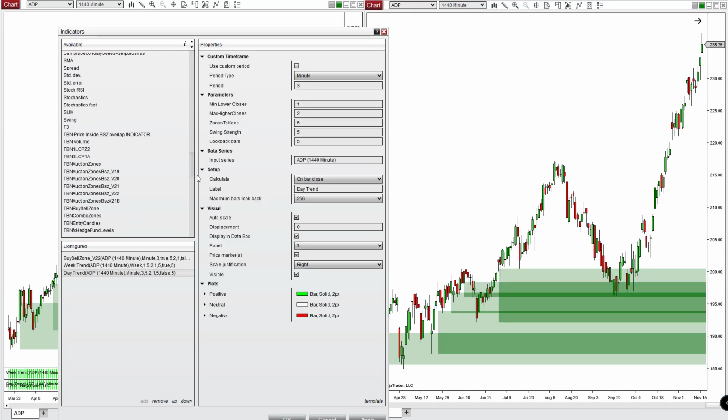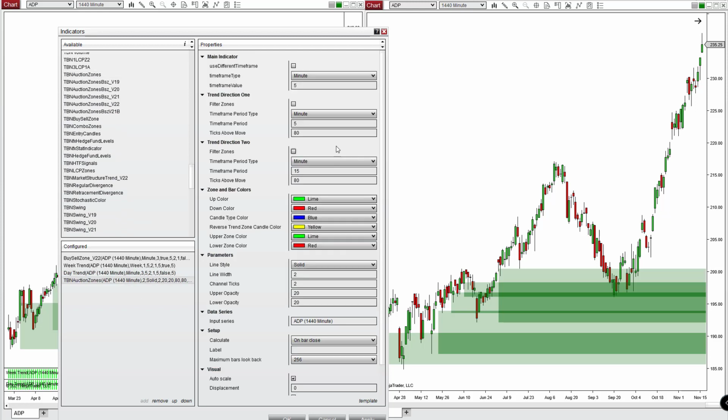Okay, so we're going to go down to TBN auction zones. Now there's a lot of settings here, but basically a lot of the same stuff. You can use a custom time frame. This one actually has built-in momentum trend, so this is a different trend than market structure. It's the momentum trend, which is also included in the pro version. And then it actually has my favorite bar types built into it.